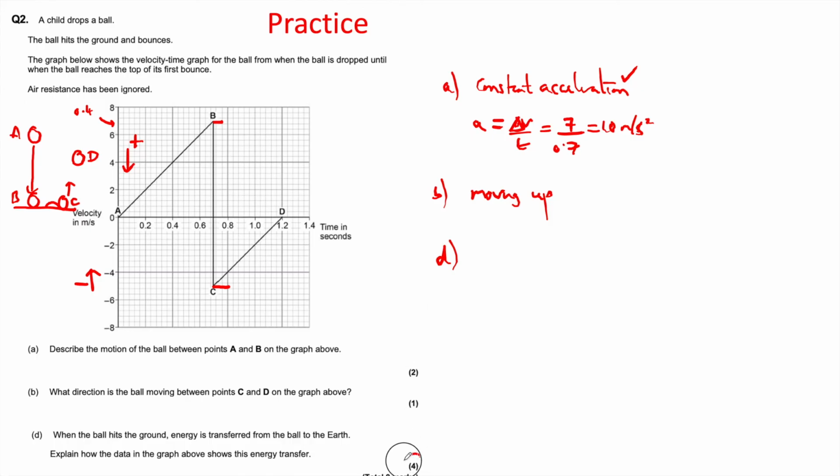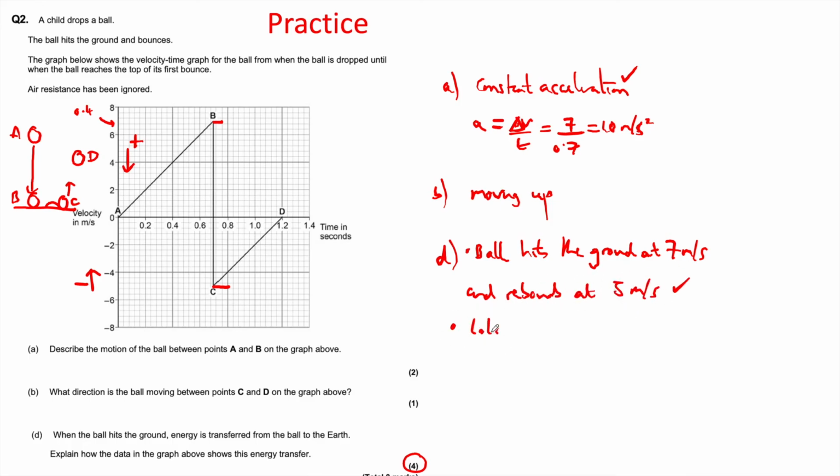And it's worth 4 marks, so you've got to get all these marks. So the first mark may be the ball hits the ground at 7 meters per second and rebounds at 5 meters a second. So for the next mark, it has clearly lost some kinetic energy, and the kinetic energy is transferred into heat. You could also say and sound. So that's why it doesn't leave at such a high speed.